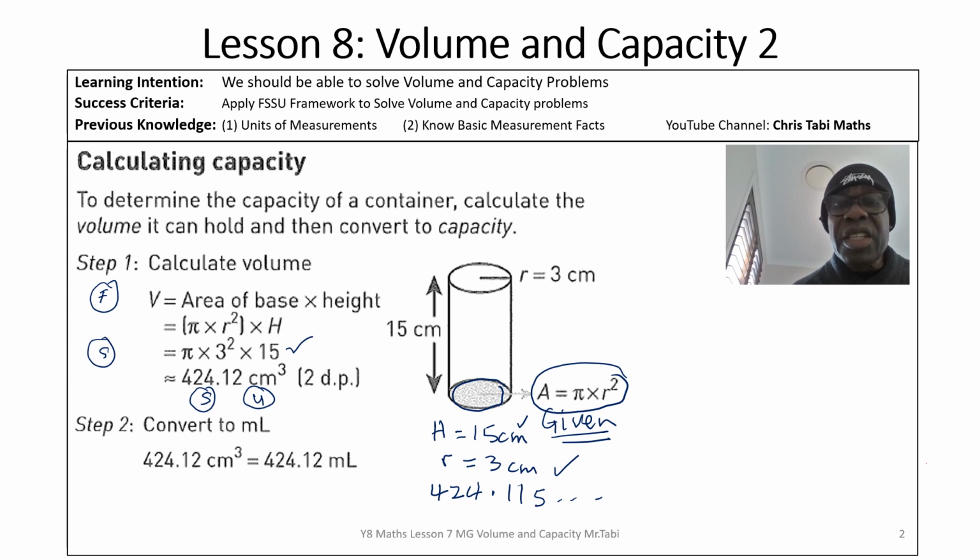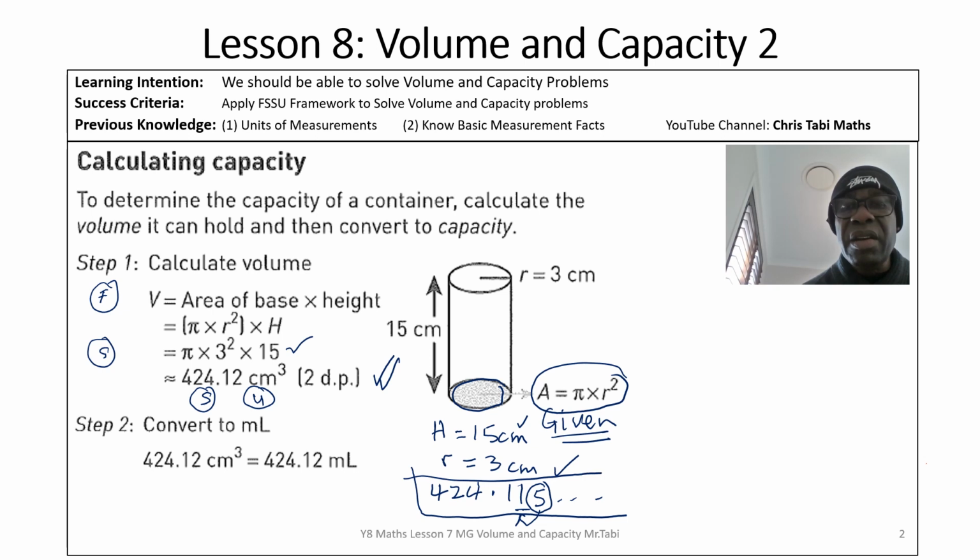Now to 2 decimal places, remember that's a 5, so we add 1 to this 1 here to make it 2, and that's why we have that answer given to 2 decimal places. So this is what we saw on the calculator, and then you round to get that.